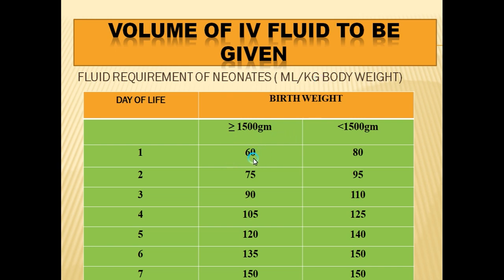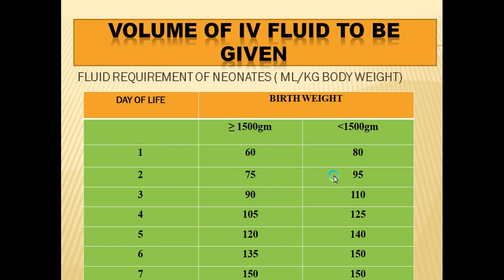For example, if the baby's weight is 1700 grams, then we need to use this weight: 60 ml into 1.7. Why 1.7? Because 1700 grams is 1.7 kg. So you multiply this by 1.7 kg, and this will give you the amount of fluids to be given on day 1.